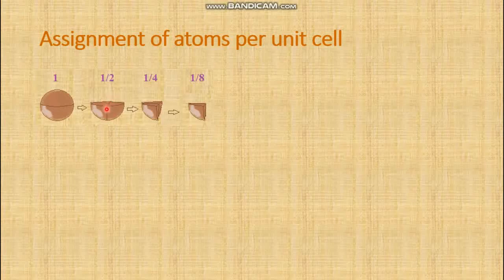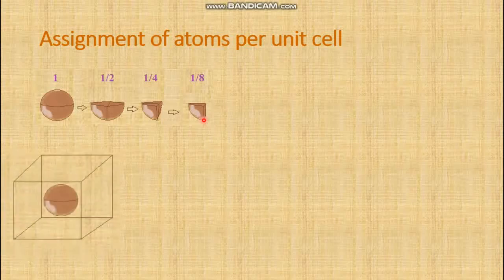On further cutting it into two, it becomes 1/4. And finally, when you cut it into two equal pieces again, it results in 1/8 of that sphere. Now let us check in which examples these are found.